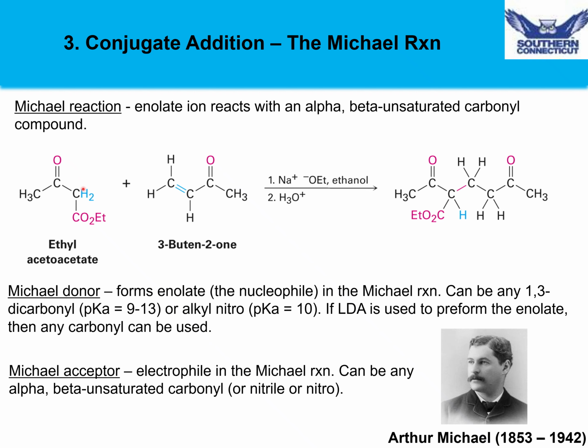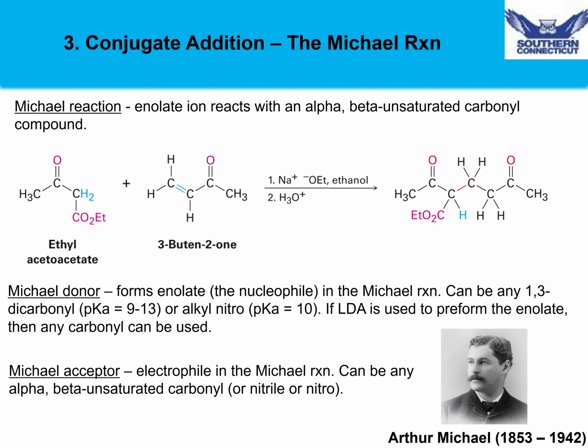That forms an enolate. The enolate will add to the beta carbon of 3-butene-2-one. The double bond electrons will move towards the alpha carbon. That negative charge will then be removed when this compound is protonated by aqueous acid.